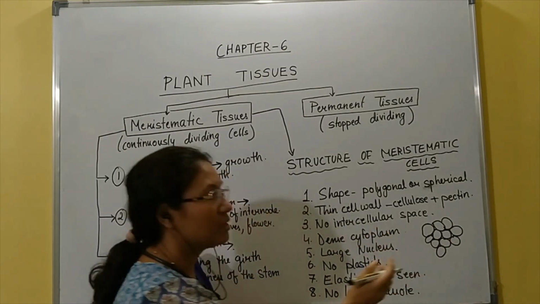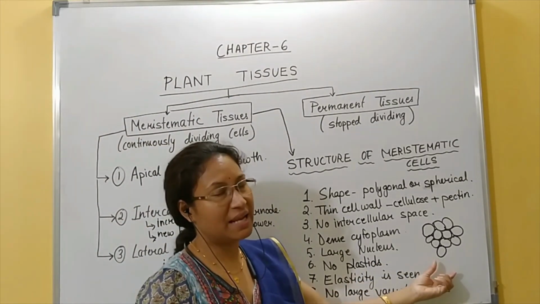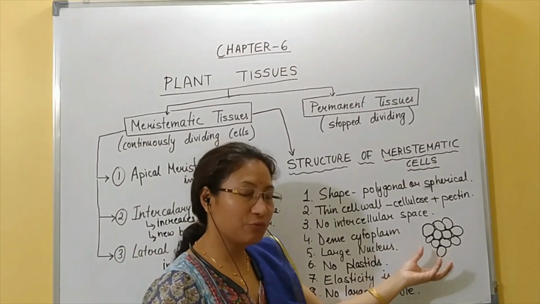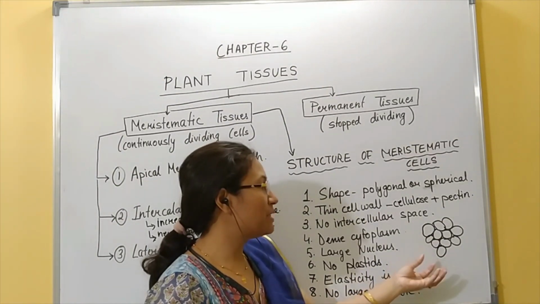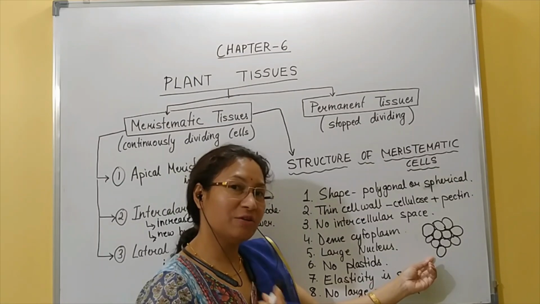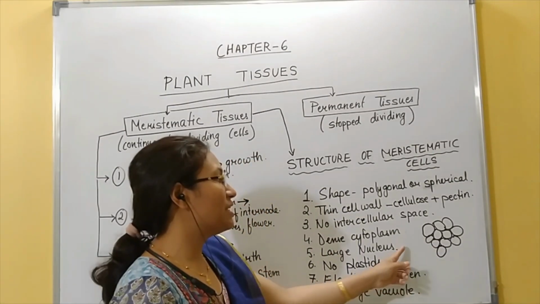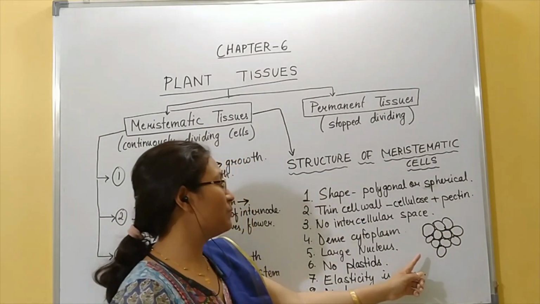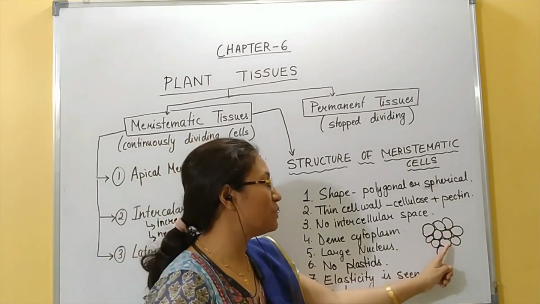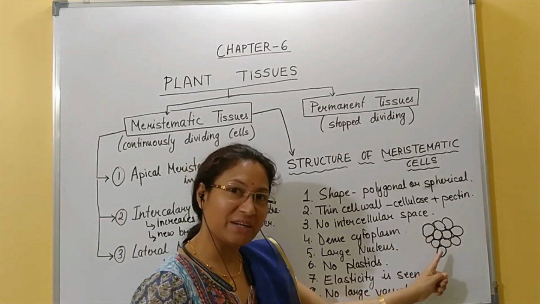Although the food reserves that reach here will be very large, so they will get a large amount of food supply, they will not have much vacuole. They will not be doing any photosynthesis, and they will be constantly dividing, and they will be quite elastic in nature, and also no space in between the cells. You can see all the cells are very compactly arranged.